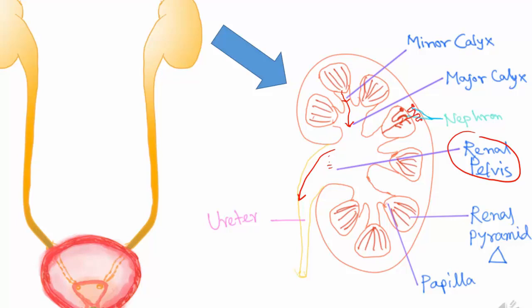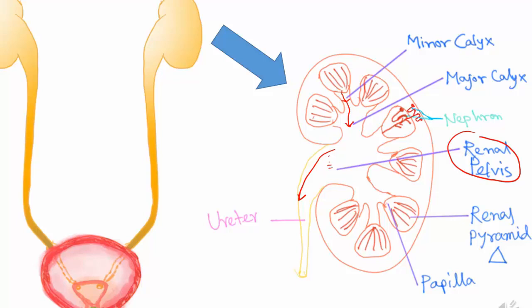So the urine is moved from the renal pelvis through the ureter towards the urinary bladder. This peristaltic movement is about 2 to 6 peristaltic movements per minute.